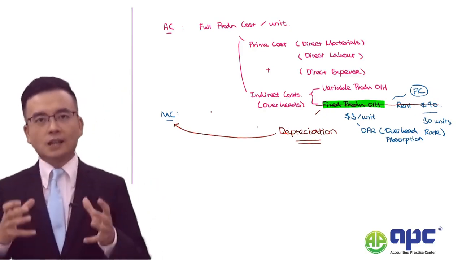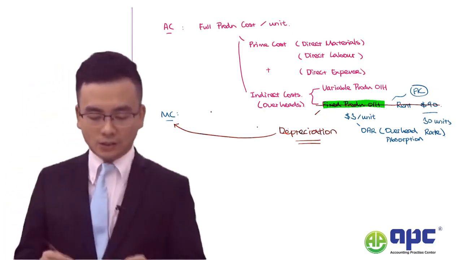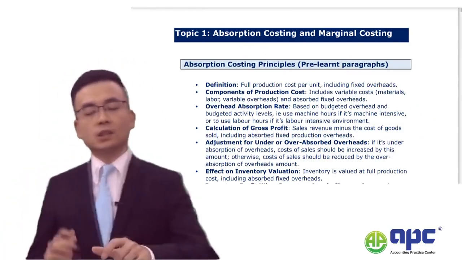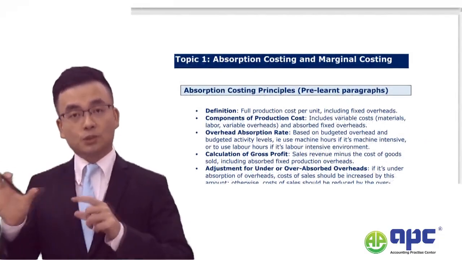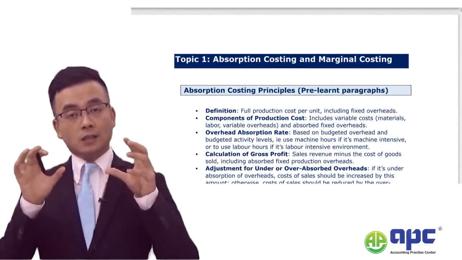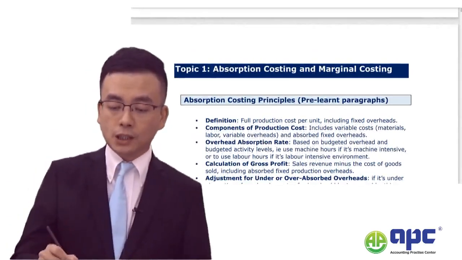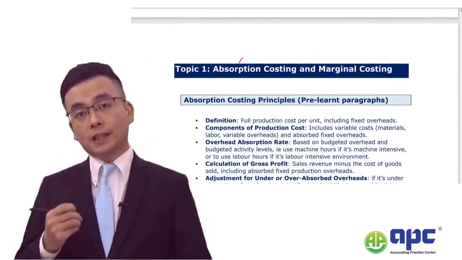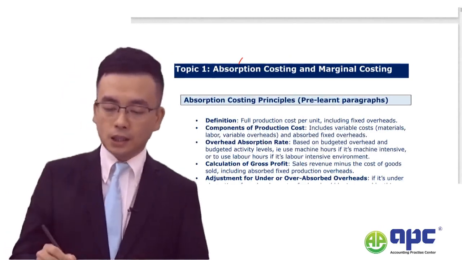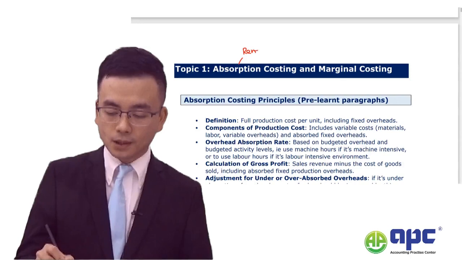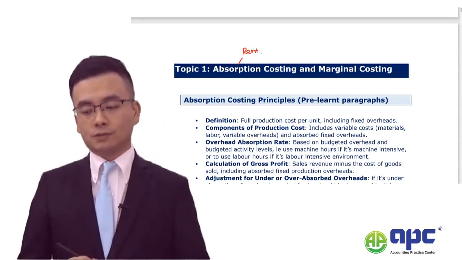So this is the issue that we always need to bear in mind, that the real difference between absorption and marginal costing in costing a product is that absorption costing includes the fixed production overhead, okay, including rent and decoration, depreciation, that kind of stuff.